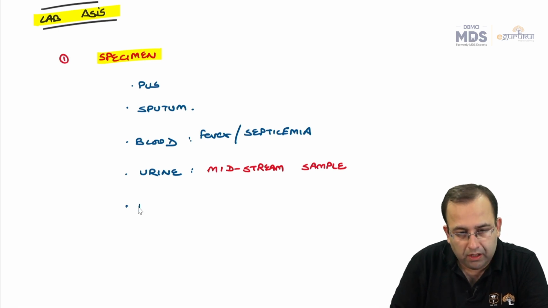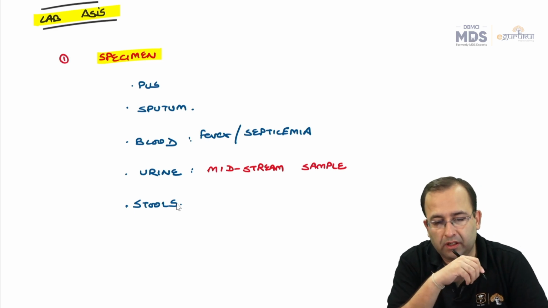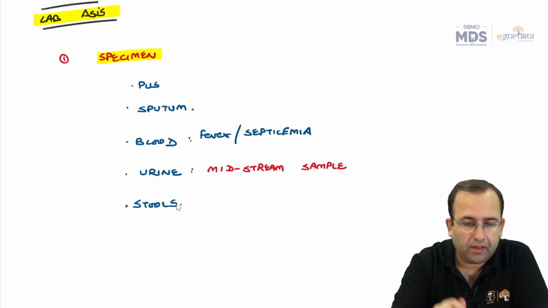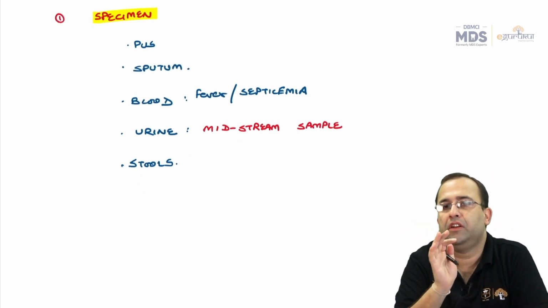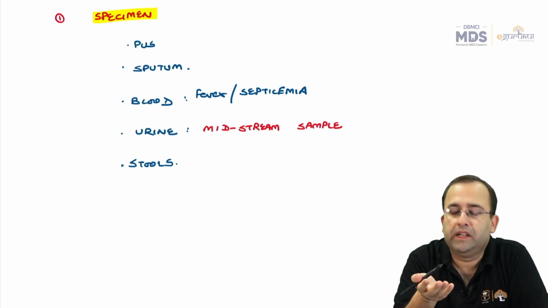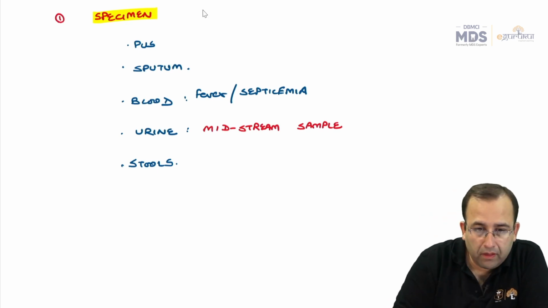Or the sample can be stools or feces in case of food poisoning. So the first thing to make a diagnosis is a sample, the specimen.